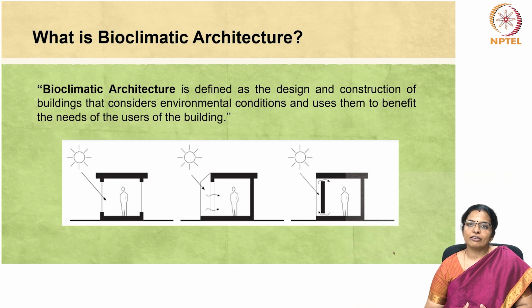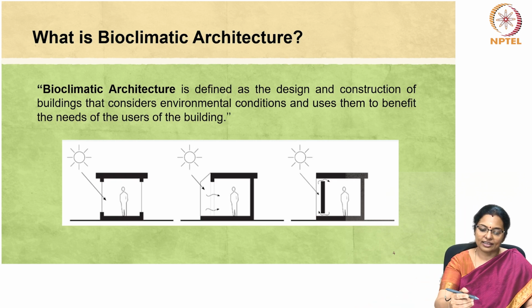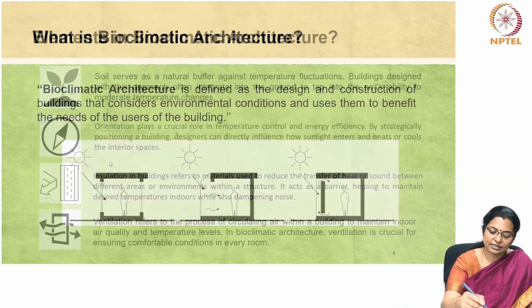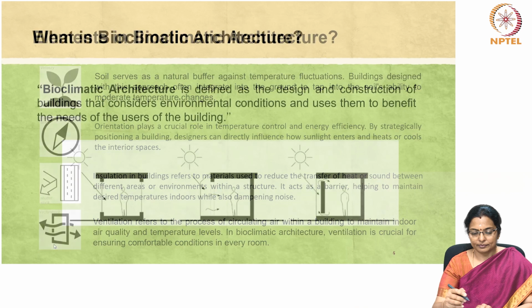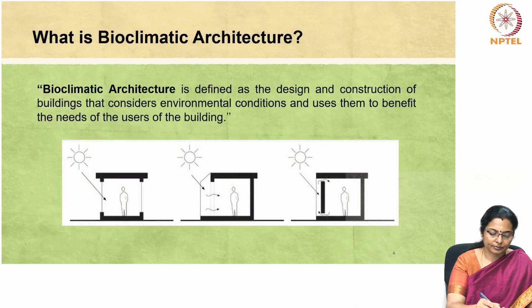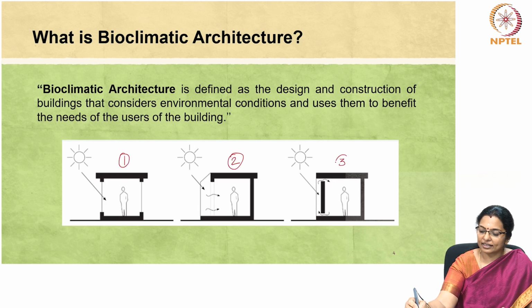In this case, if we try to tap the heat from outside in order to make the indoors comfortable, then how can we do that? The first picture, this diagram, I will just number these. The first, second and third diagram.